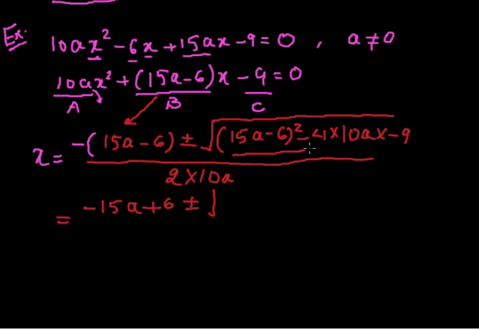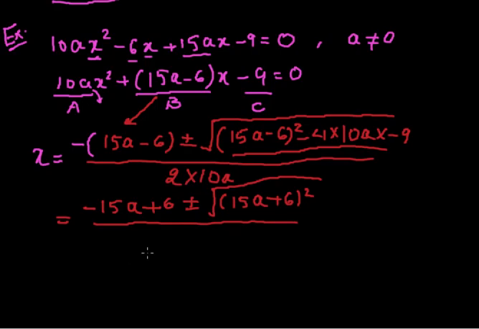If we solve this equation, we'll get (15a plus 6) to the power 2 upon 20a. This is your homework. That means you have to reduce this term into this term.